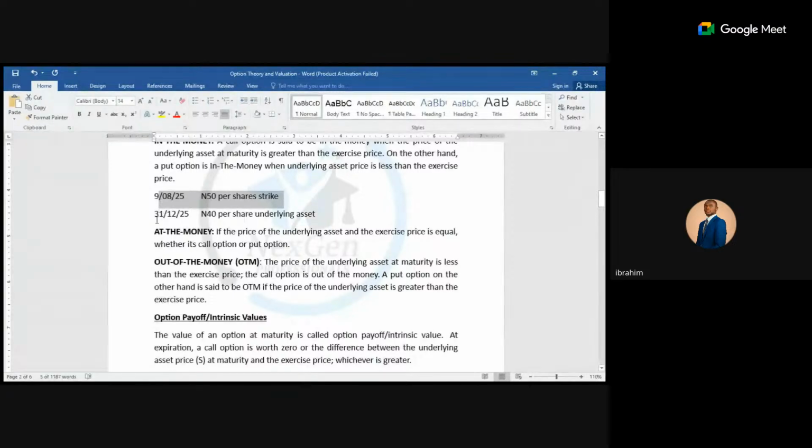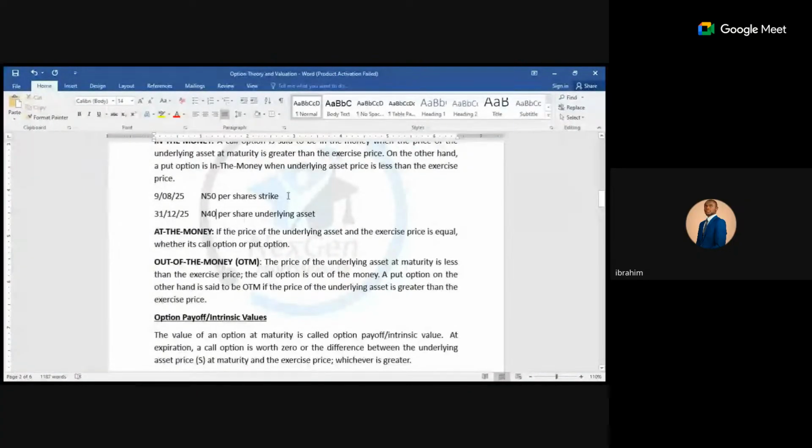Then, as at the end of December, the underlying asset becomes, maybe you've already said it is a call option to buy. And this now, let's say, becomes 40. Yes, let's leave it as 40.